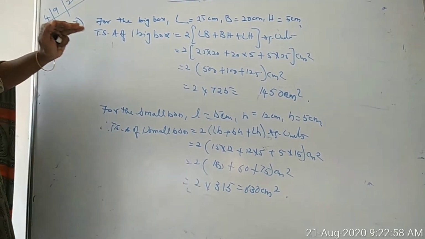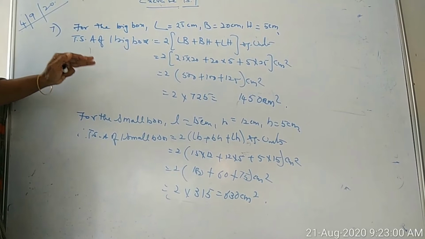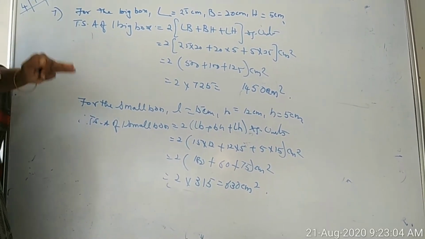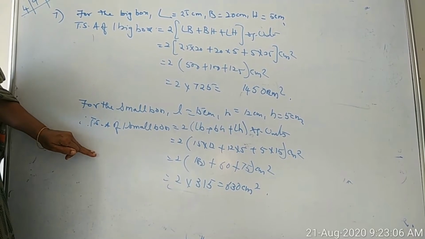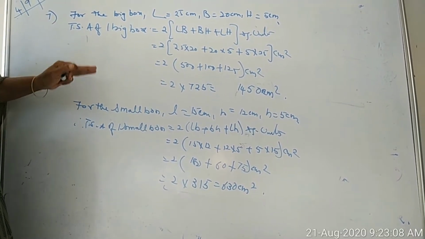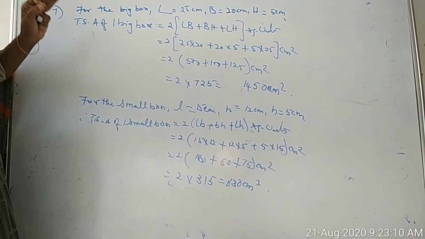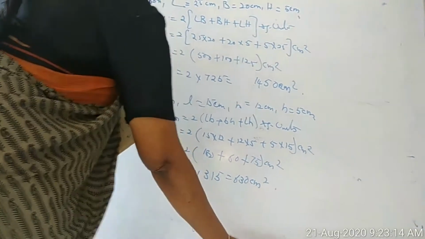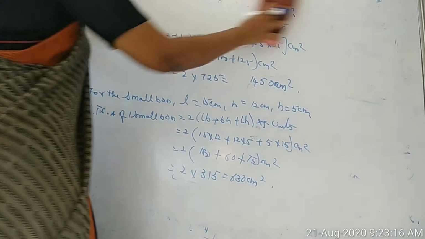Now follow the next step carefully, children. They want to make 250 big boxes and 250 small boxes. They are asking you altogether how much material is required when there is a 5% wastage.